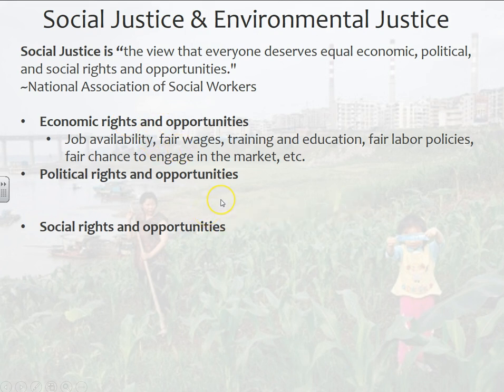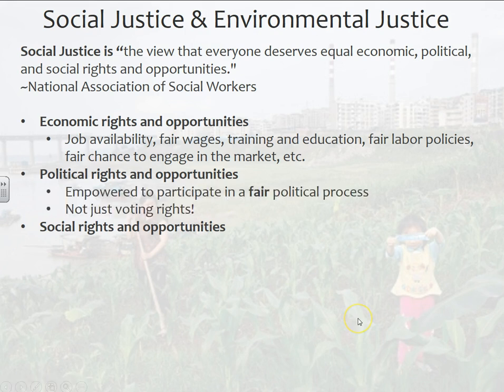Now, political rights and opportunities. Keep in mind with this, it's not just about voting, it's about everything that's related to the political process. A really good example of this is the money in politics. More now than ever, with some of the recent Supreme Court rulings and so forth, the pervasiveness of money in politics is bigger than it has ever been.